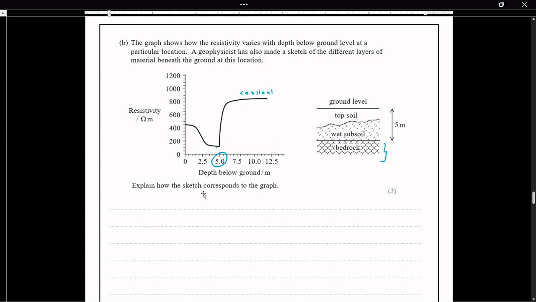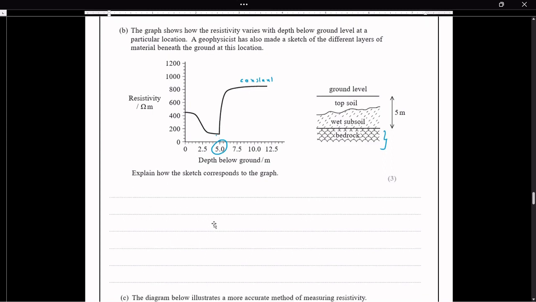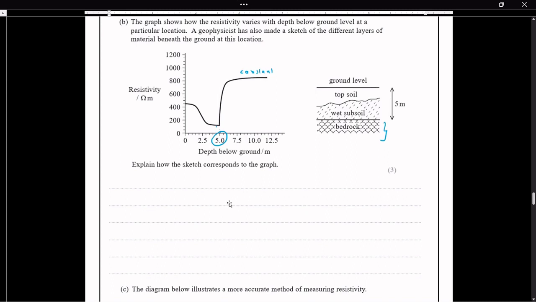So explain how the sketch corresponds to the graph. From the graph, relating the graph and sketch, we have to explain. And we see very clearly one thing in the beginning, the resistivity keeps decreasing till 5-meter depth from the topsoil to the wet soil. So this is what we can write in the beginning.